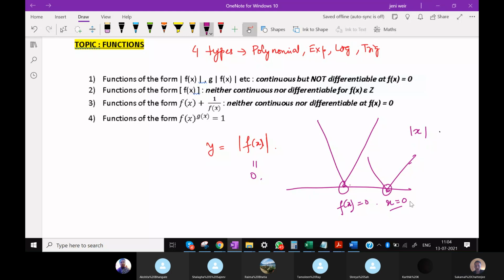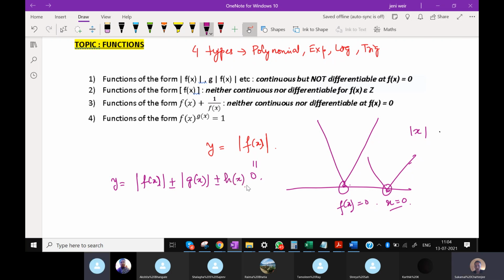Now, there are several adaptations of this function, right? The simplest adaptation is y equal to mod of f of x plus mod of g of x, can be plus or minus h of x.